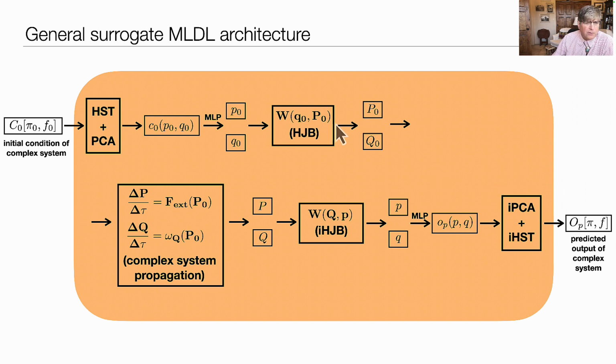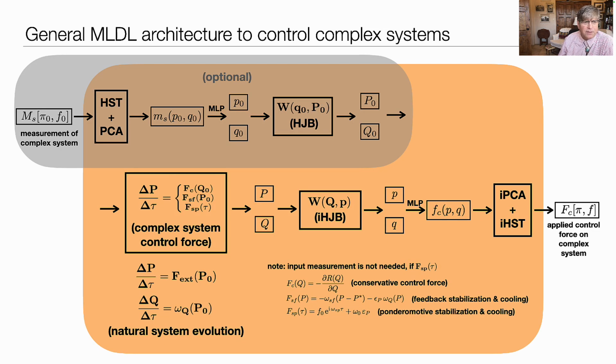Then it's a matter of educating this intelligent system on a large amount of observations or simulations, in order to predict the output of the complex system given the initial ones. And I will show you a practical example of that at the end.